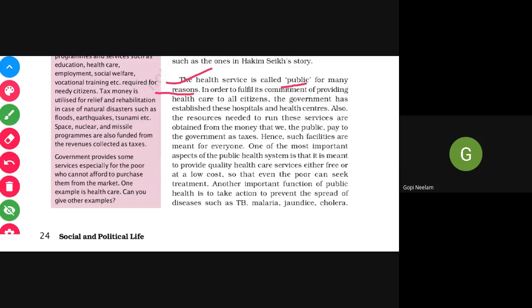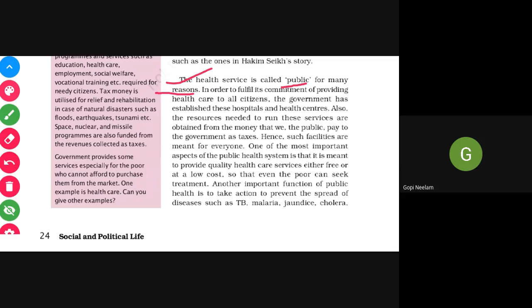Because in order to fulfill the commitment of government to provide public healthcare services to all its citizens. That is the reason we are calling it public health services, because it is a primary responsibility of the government.